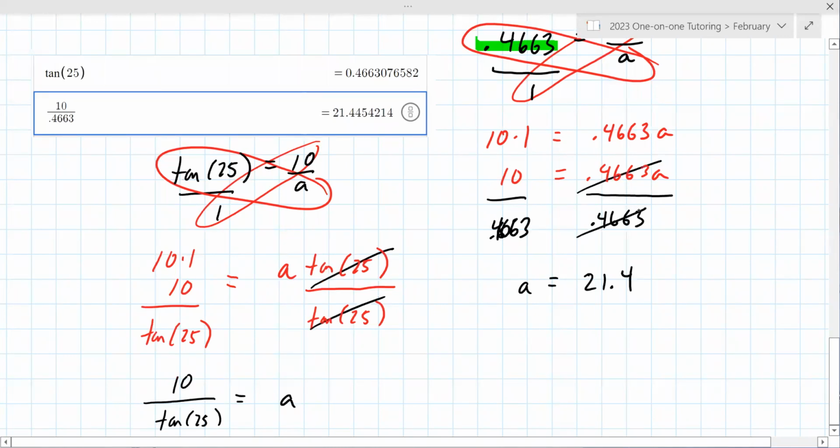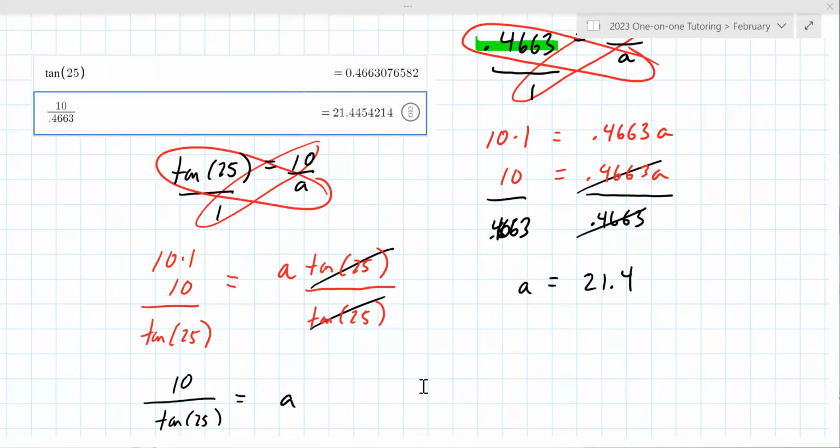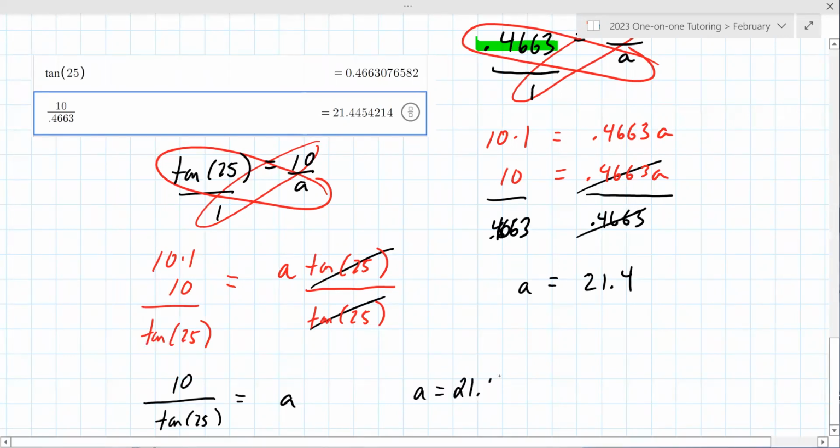So put this in your calculator: 10 divided by tangent of 25 equals 21.4. Are they the same? They are the same.